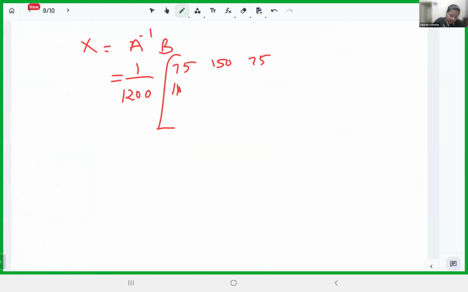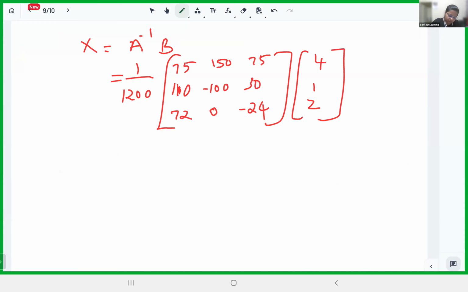That is X equal to A inverse into B. A inverse into B, right? A inverse we have already obtained as 1 by 1200 into 75, 150, 75, 110, minus 100, 30, 72, 0, minus 24 into 4, 1, 2.